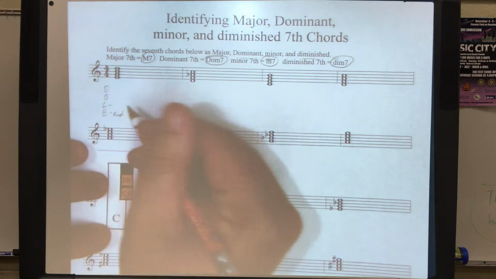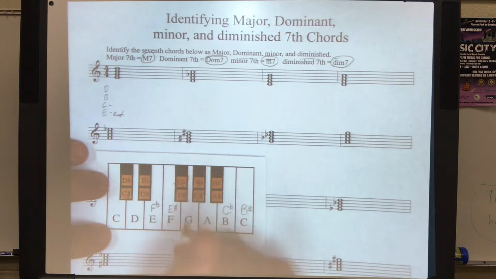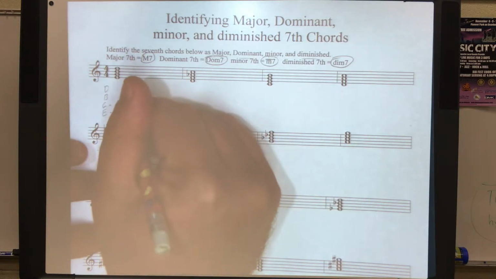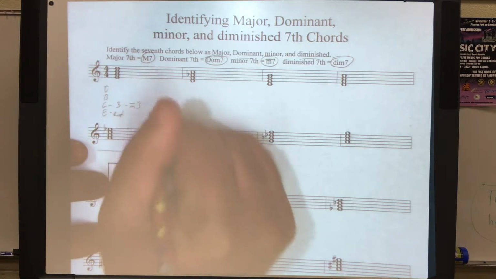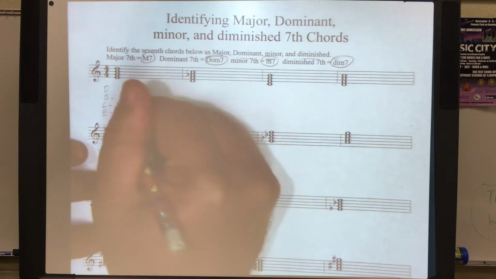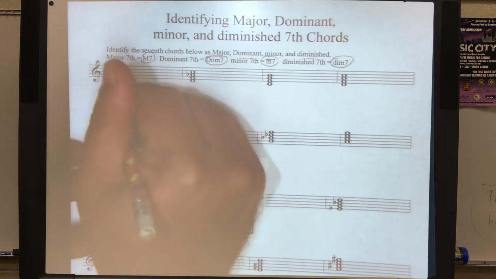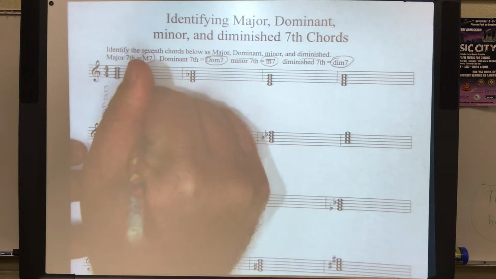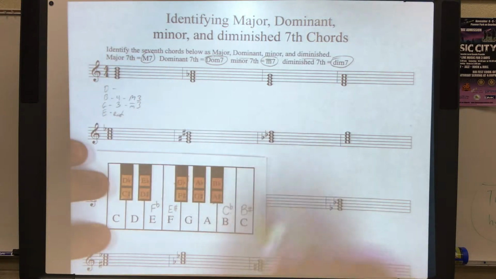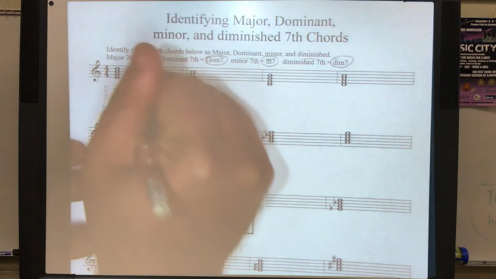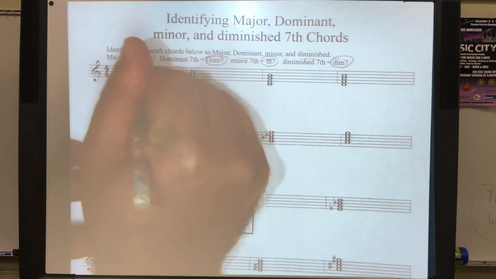G is 1, 2, 3 half steps, so we know that is a minor third. B is from G, 1, 2, 3, 4 half steps, so we know that's a major third. And D is 1, 2, 3 half steps from B, making it a minor third.